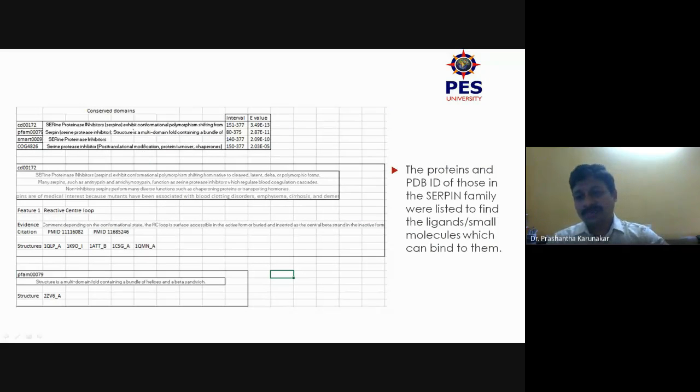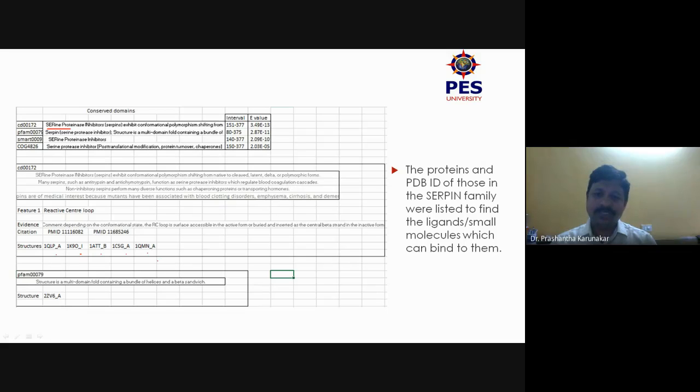There are some drugs or inhibitors which are available for the serine protease. So we took these ligands; these are the PDB IDs, and all these PDB IDs belong to the serpin family. The reason why we did this is we have billions of compounds in the database, and it is impossible to take all those billions of compounds and do the screening.